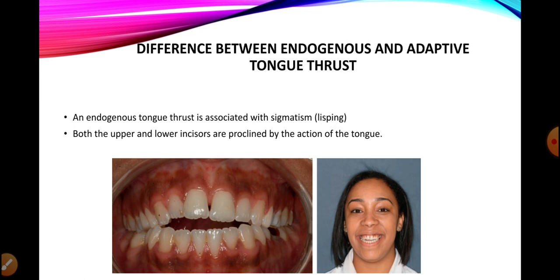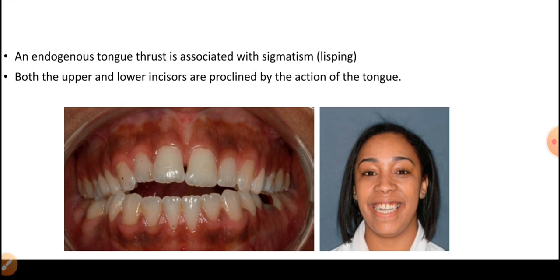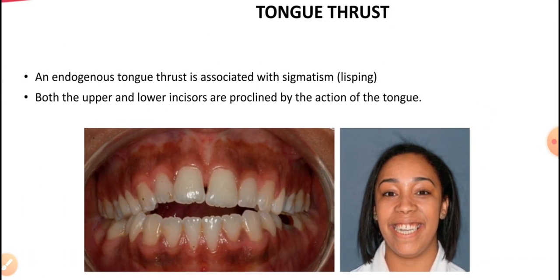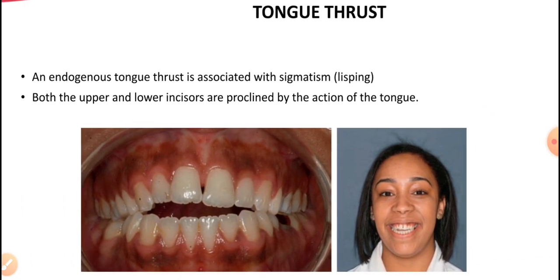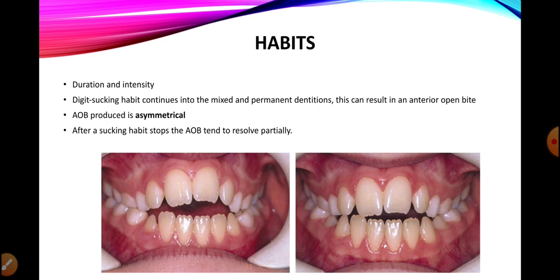Secondly, in cases of endogenous tongue thrust, the upper and the lower incisors also seem flared or proclined, as can be seen in this patient. The incisors are proclined by the repeated thrust of the tongue.